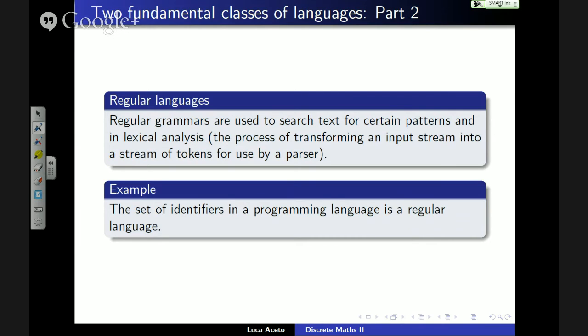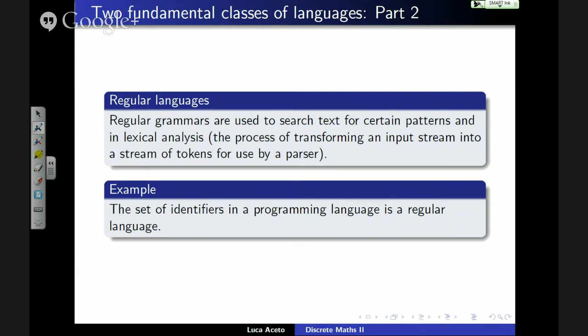Is this a keyword of the language? Is this an identifier, a variable, a legal function name, a legal method name? Well, who does this job? And how are these legal syntactic components of your language described? Well, they are described using regular languages.